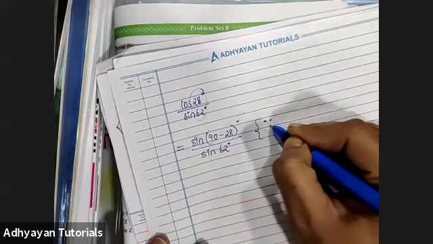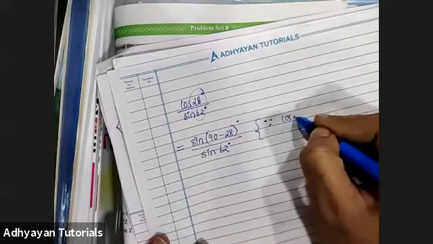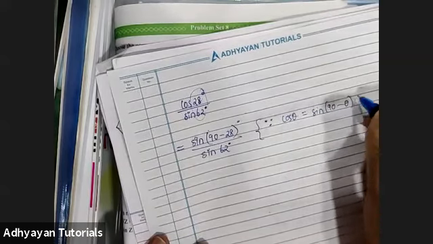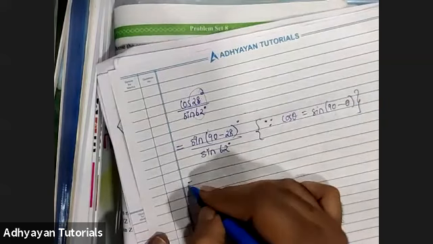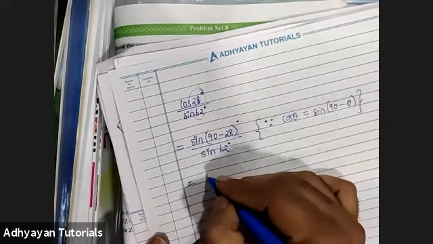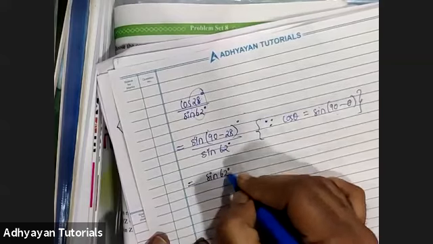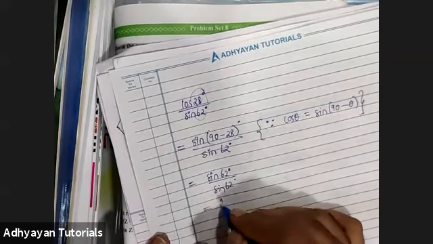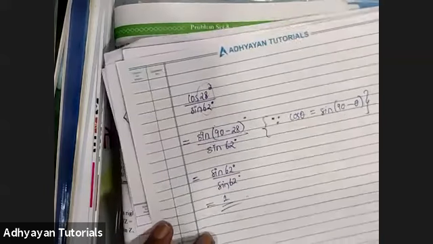Here I'll put down the reason as since cos theta is nothing but sin 90 minus theta, right? Now, children, 90 minus 28, we all know is nothing but 62 degree. So, sin 62 upon sin 62, finally the answer is 1. That is how we come to know the answer is 1.